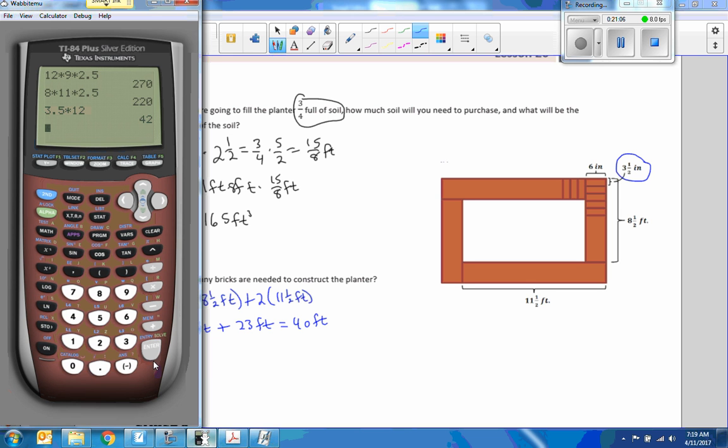That's 42. Oh, we're not multiplying. We're taking 3.5 divided by 12, and we get 7 over 24, 7/24. I did it backwards.